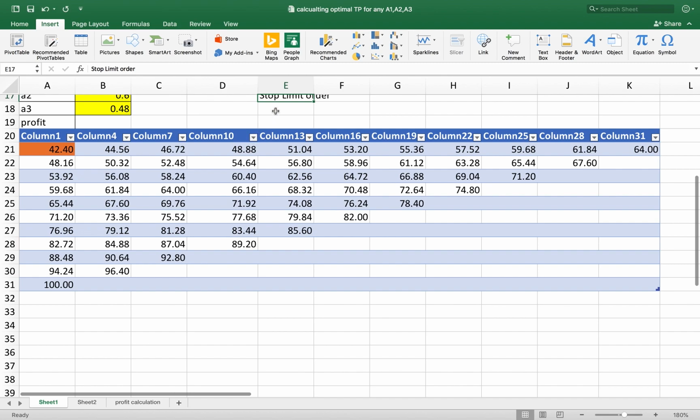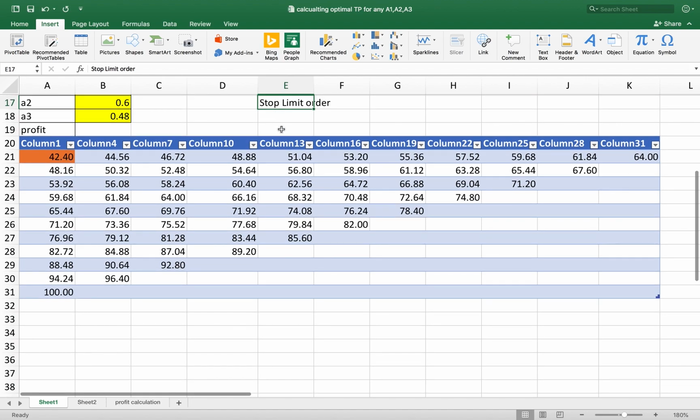You usually use stop orders on a breakout. So let's say that you're in a triangle or in a channel, and you say, okay, when I go past a certain price, let's say when the price goes over 10,000 in Bitcoin, it will have a strong bullish run to the upside. So usually you would use a stop order for that.